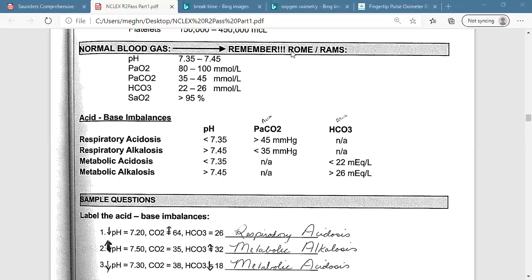R for respiratory, O for opposite, M for metabolic, E for equal. It is another way to remember: respiratory opposite, metabolic equal.